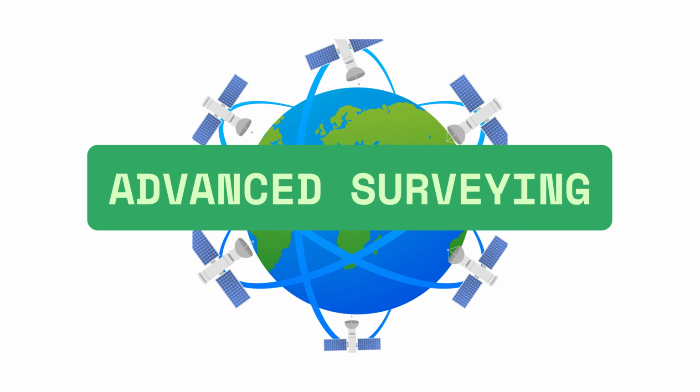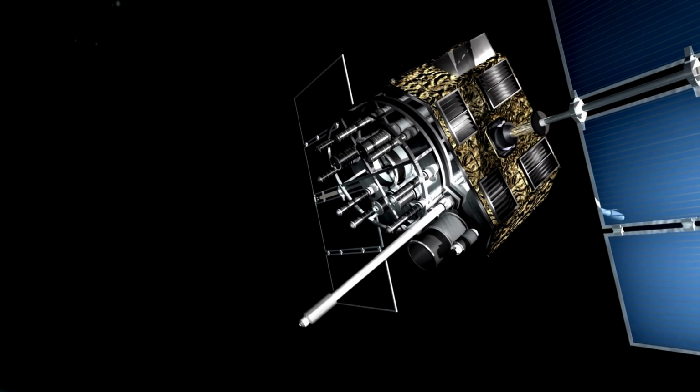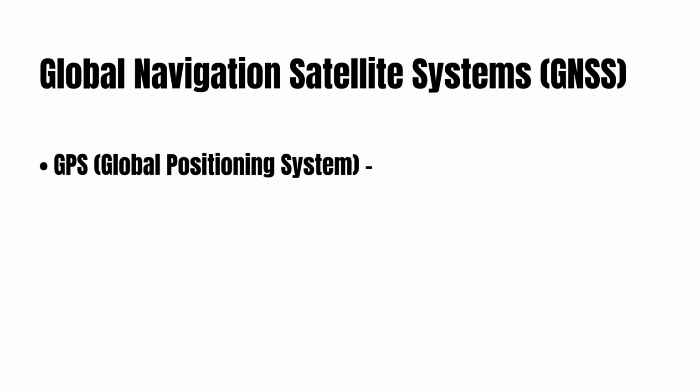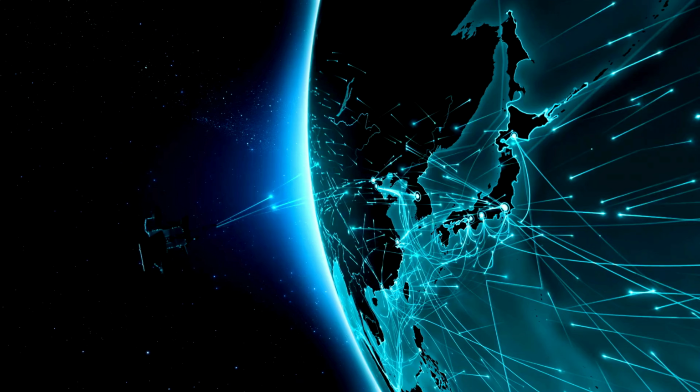Our journey into advanced surveying begins with satellite surveying, the technology that revolutionized surveying worldwide. This method is powered by Global Navigation Satellite Systems, GNSS, which include GPS, Global Positioning System, USA, GLONASS, Russia, Galileo, Europe, Beidou, China. But how does it work? It's all about signals.